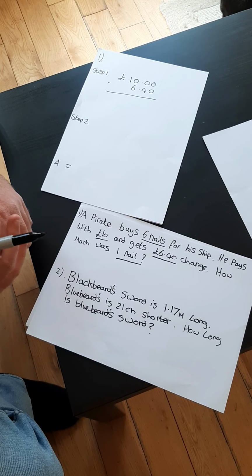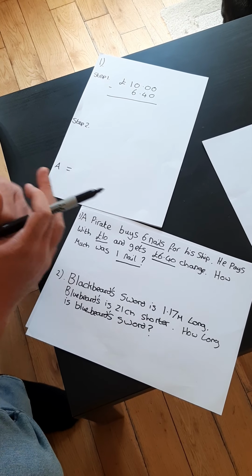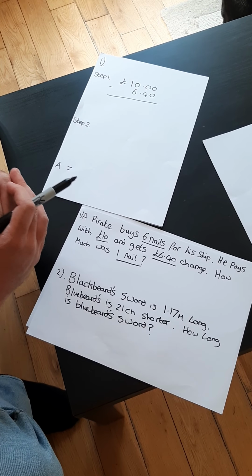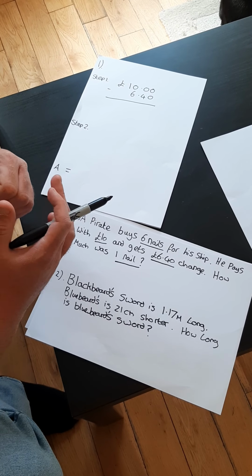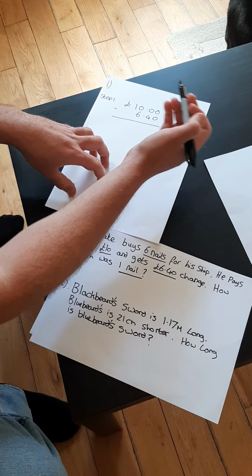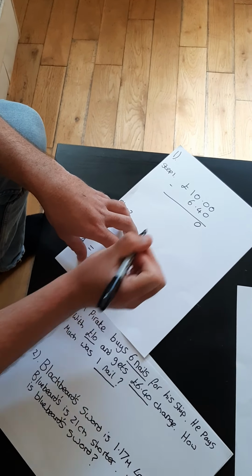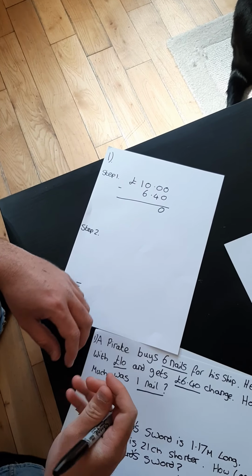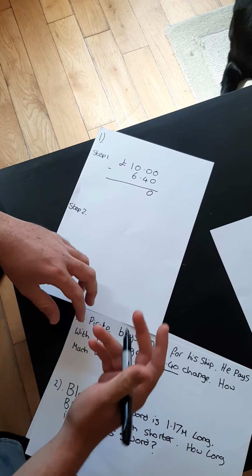Now, first I need to find out how much those 6 nails were together. The way I can do that is I can subtract £6.40 from £10, and that will give me the total amount paid for the 6 nails. So we know that 0 take away 0 is 0. 0 take away 4, we can do it, but it will leave us with a negative number, so we need to exchange.